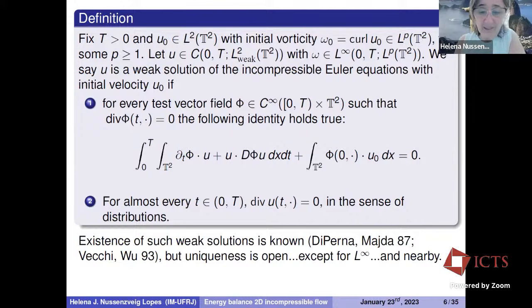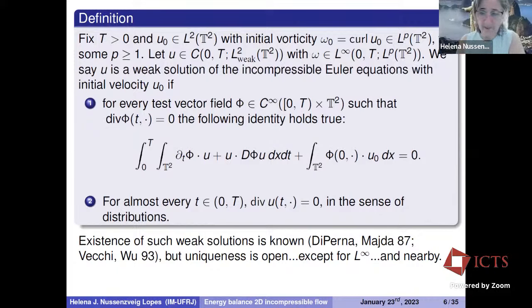Existence of this kind of weak solutions is known way back since 1987. That was due to DiPerna and Majda in the case p greater than 1. Then Vecchi and Wu proved this in the case p equals 1 using some ideas developed by Delort in his work on Radon measures on vortex sheets. Uniqueness is open except for L infinity vorticity and near L infinity vorticity.